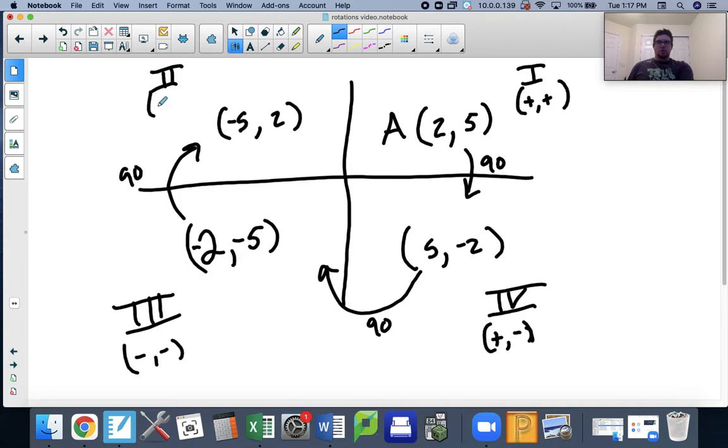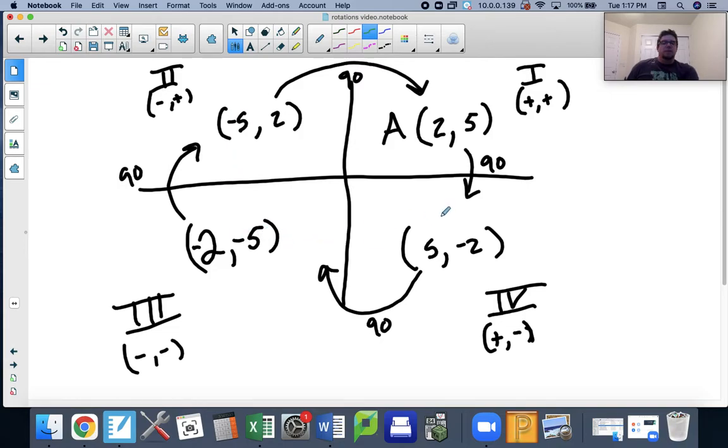And in quadrant 2, x's are negative. So with these 90 degrees over and over and over again, this pattern repeats itself. 2, 5, 5, 2, 2, 5, 5, 2, over and over again.